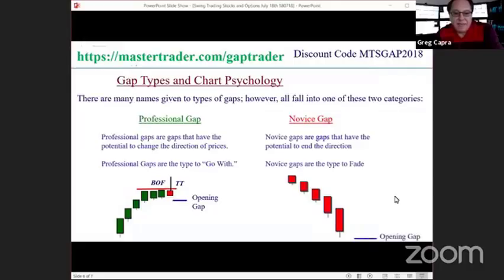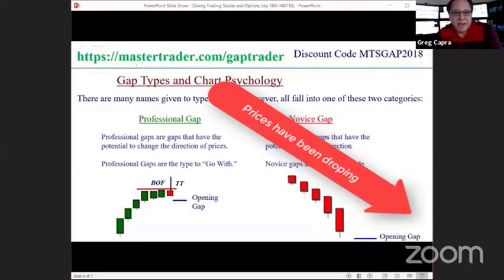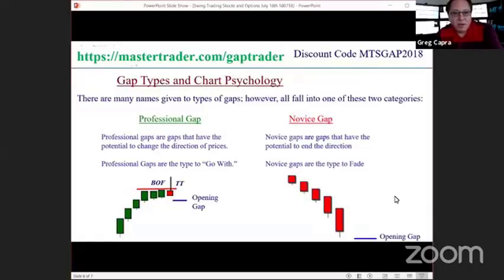Now, a novice gap here, and we see prices are going down, and you see the range begins to expand near the end there. One of the concepts to understand with candles, or just looking at a bar chart, is that when the range expands, it says there's a motion involved.